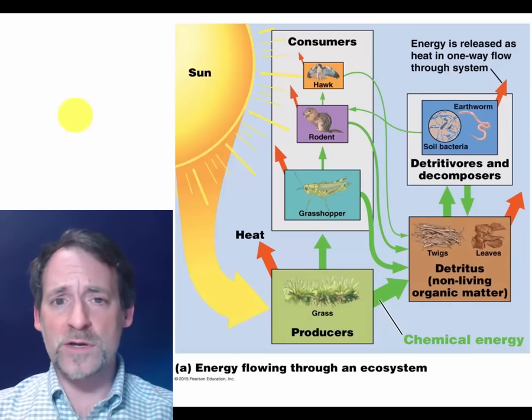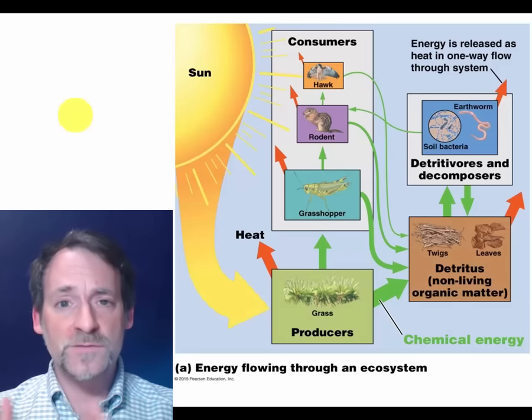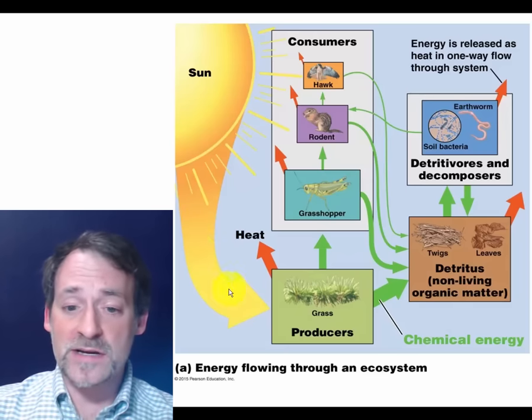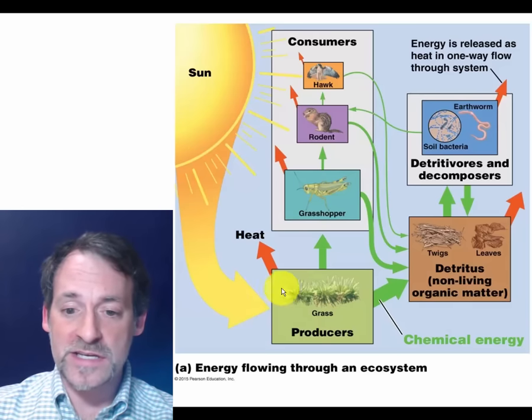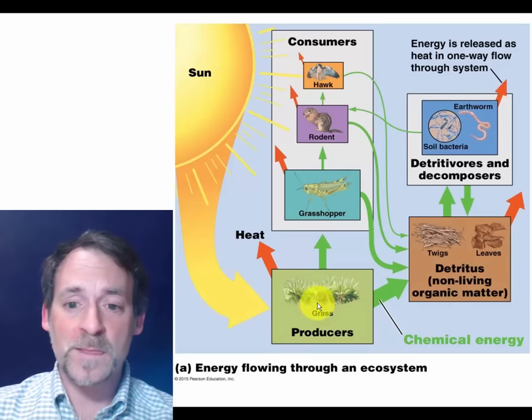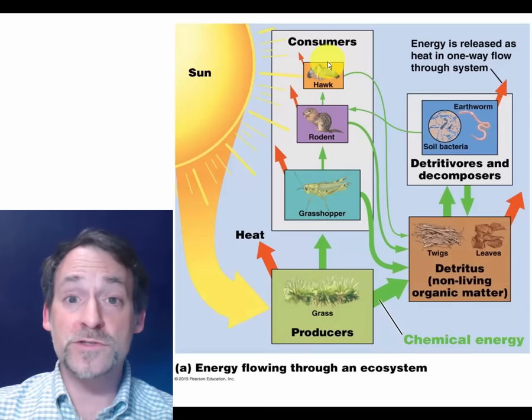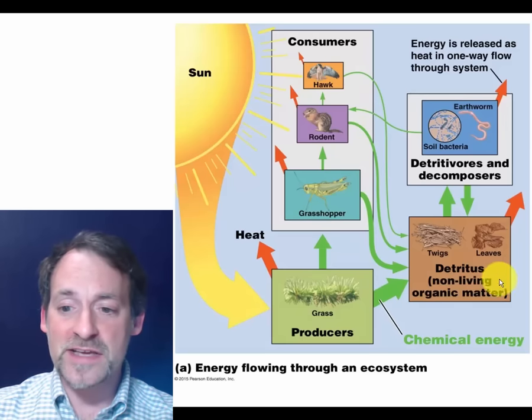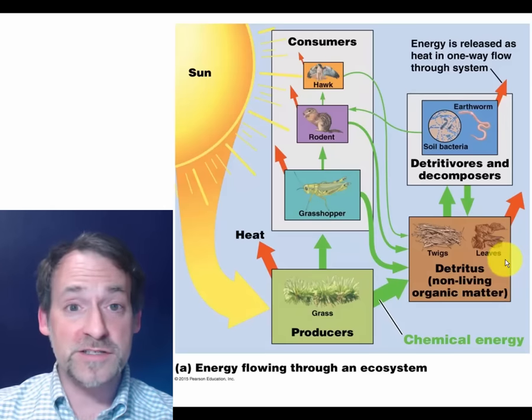You're already familiar with the idea of how energy flows through an ecosystem. That's this diagram here, and as you know, energy enters the ecosystem through the producer level and then is passed along up the food chain to consumers. When organisms die, they enter the detritus.